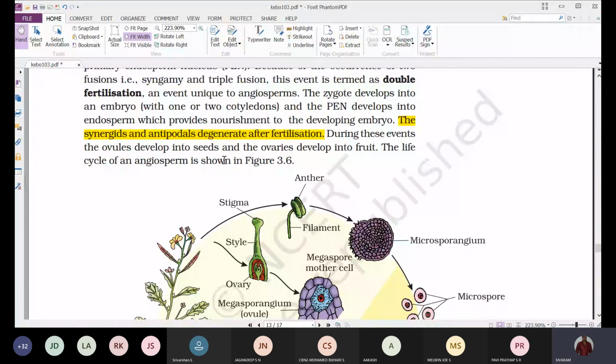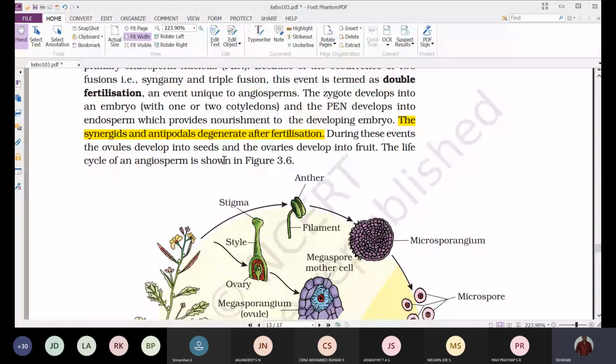And on the outer side, the ovules are converting into seeds, and the ovary develops into fruit. So the ovules develop into seeds, and the ovaries develop into fruit.